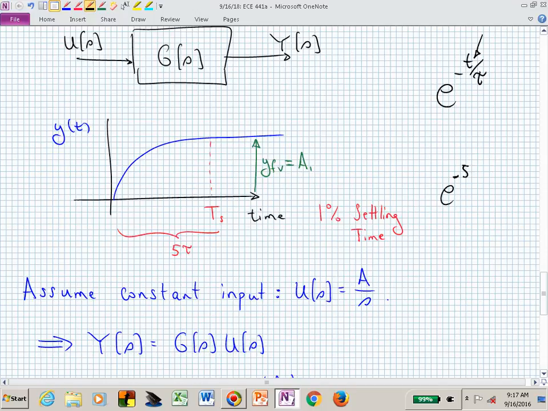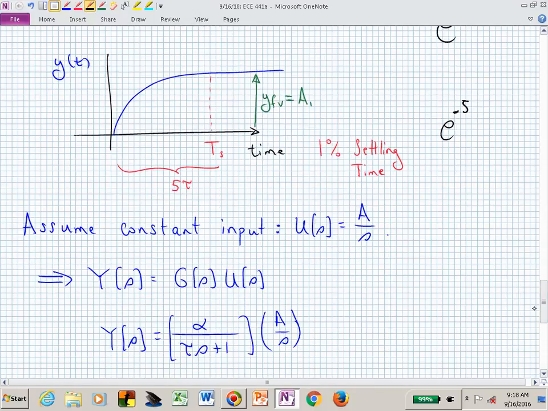We're assuming that the input we're applying to this system is a constant, A, which in the frequency domain has the Laplace transform A over S. You Laplace transform a constant, it's now that constant over S. In this expression, all of the parameterized expressions that we need are G equals alpha over tau S plus 1.